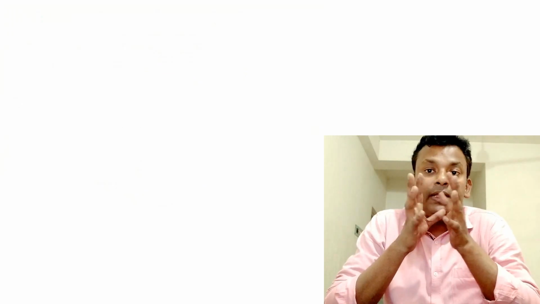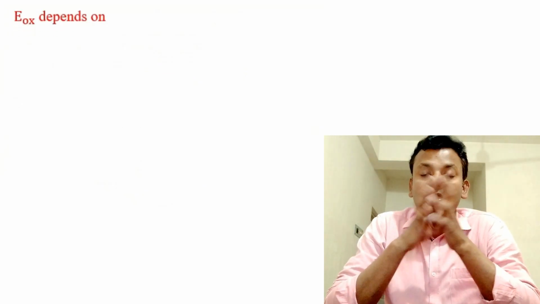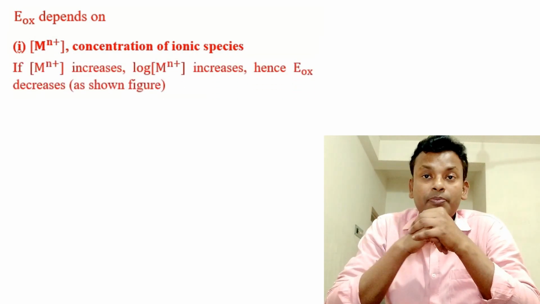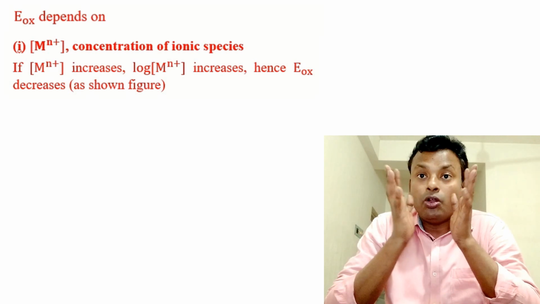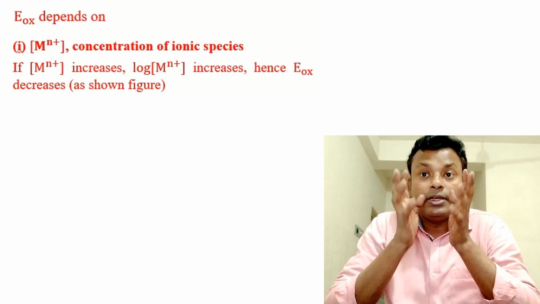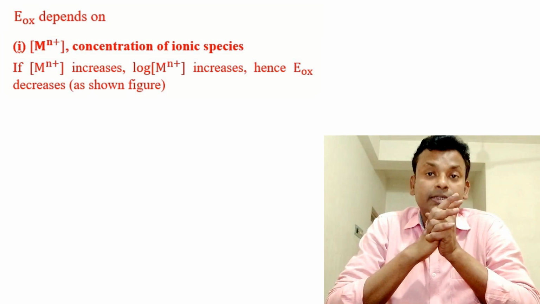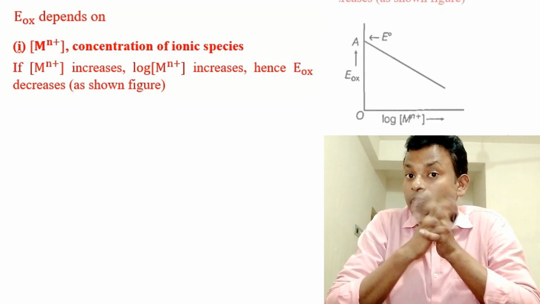E oxidation depends on the concentration of ionic species. If the concentration of Mn+ increases, log Mn+ increases, hence E oxidation decreases, as shown in the figure.